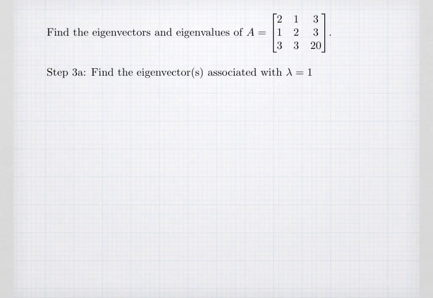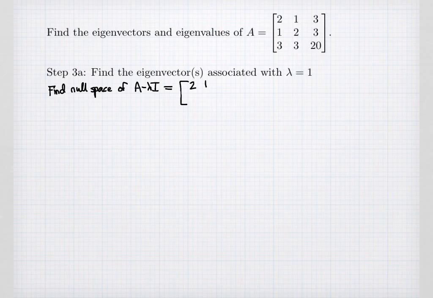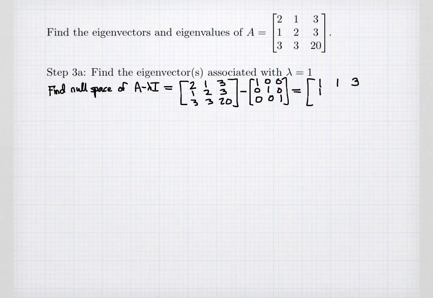What we need to do is find the null space of A minus lambda I. So with lambda equal 1, we need to find the null space of the matrix A minus lambda I. Here we're going to subtract the identity and see what that new matrix is. So I get 1, 1, 3, 1, 1, 3, 3, 3, 19.